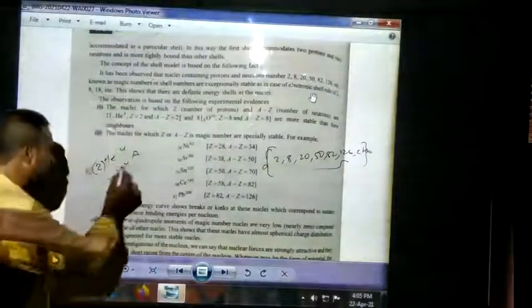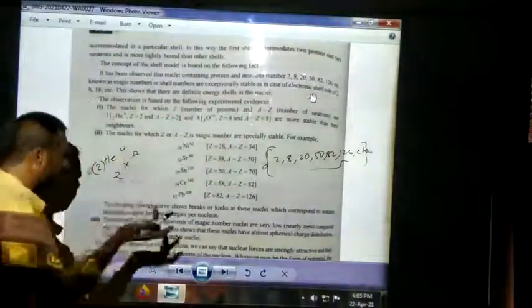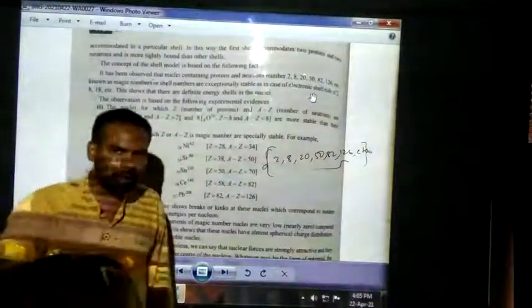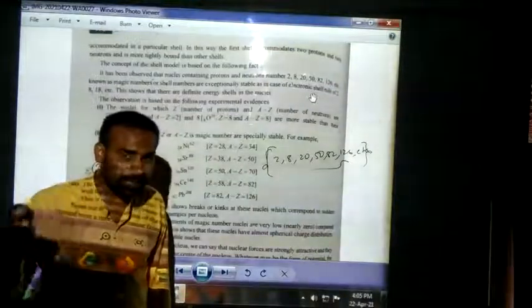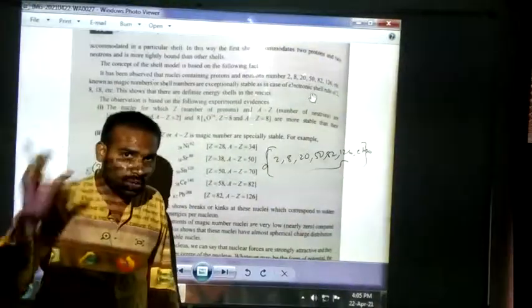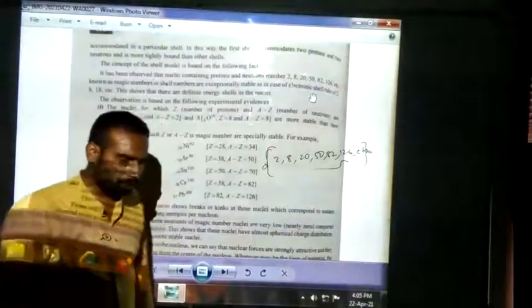Similarly, if you check the number of neutrons, if either the proton number or the neutron number is a magic number, then such nuclei are more stable compared with the other nuclei.